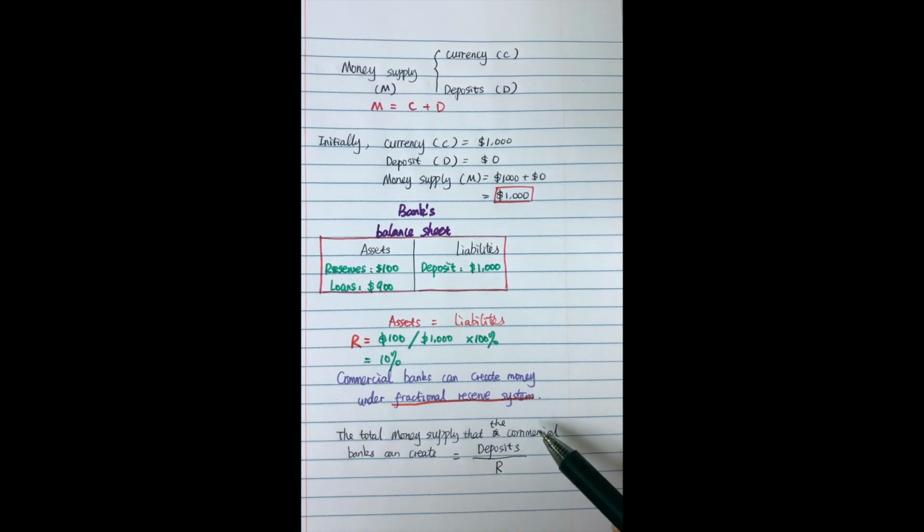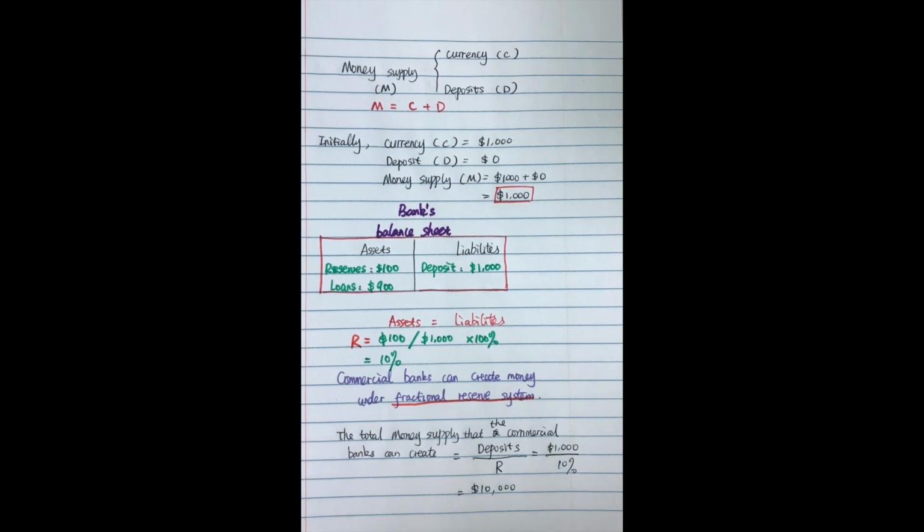So this is the way that we can compute the total money supply that can be created through the commercial banks. Then in our example here, the deposit equals 1,000 and the reserve ratio equals 10%, right? Which will give us a total of $10,000 that can be created through commercial banks.